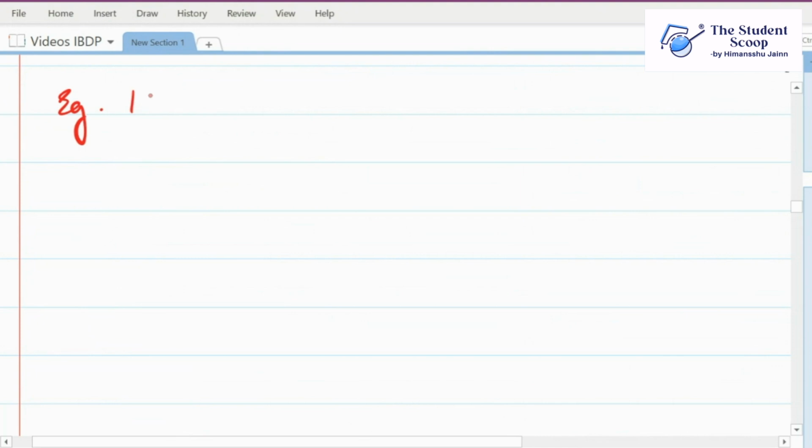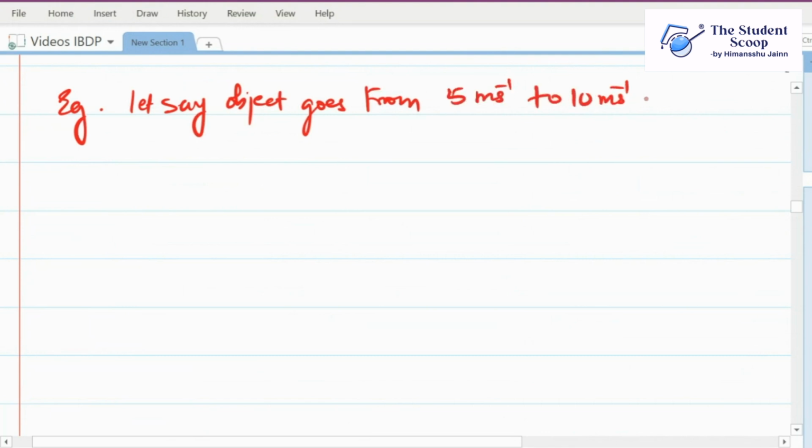Let's say the object goes from 5 meter per second to 10 meter per second. Which graph represents the correct motion?